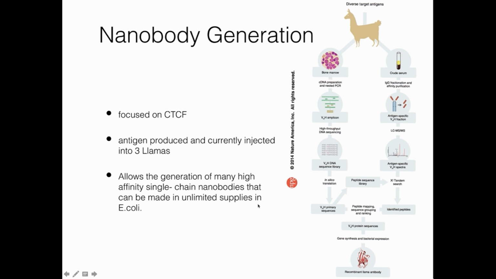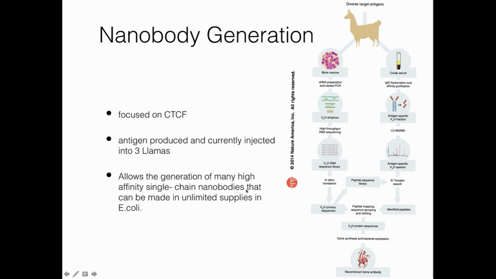They're small enough to be able to integrate into small complexes and pull down complexes. I mentioned earlier, we can mutate the nanobody so that it no longer binds to the antigen, and we could use that as a negative control.